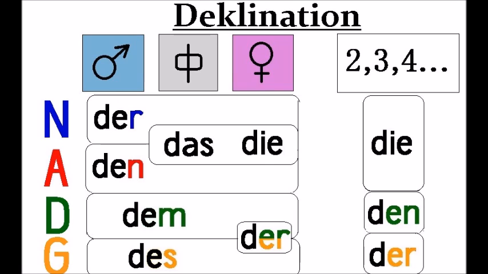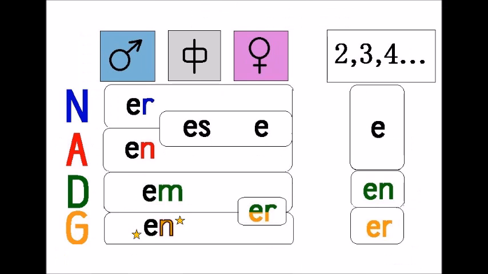These are the definite articles. Whenever you have an adjective and a noun, but no article, you add an e and then the last letter of the definite article that would be there if there was an article. There is one exception though. The genitive male and neutral article is des, but the ending will be n.